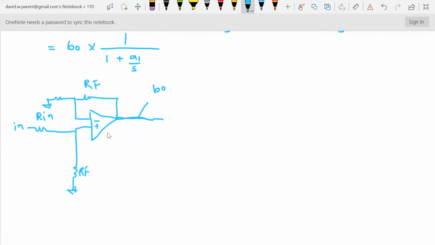Now, sure, it goes through the integrator. Right? Now I have -1 over S. And there is another way to draw these.